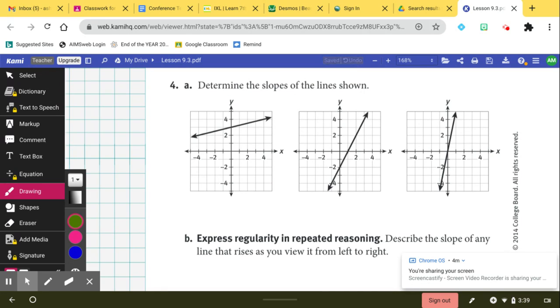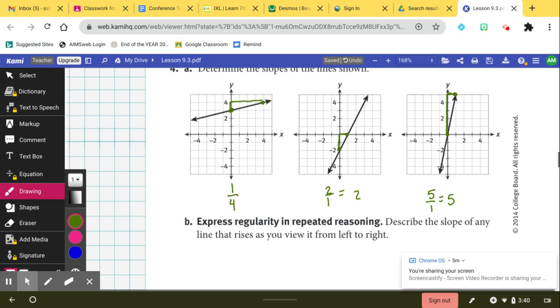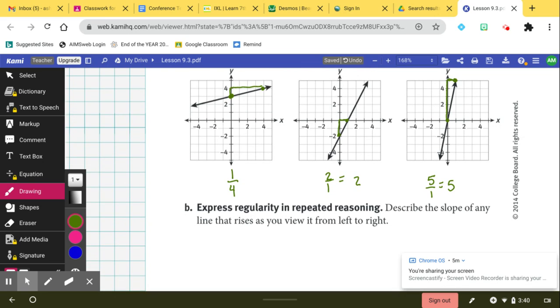You're going to need to pause or else my video is going to keep going. Pause it here and find these slopes and then see if you were correct. All right, the slopes of these are 1/4 because we go up 1 over 4, 2 because we go up 2 over 1, and then 5 because we go up 5 over 1, making sure that you pick nice points to find the slope between.